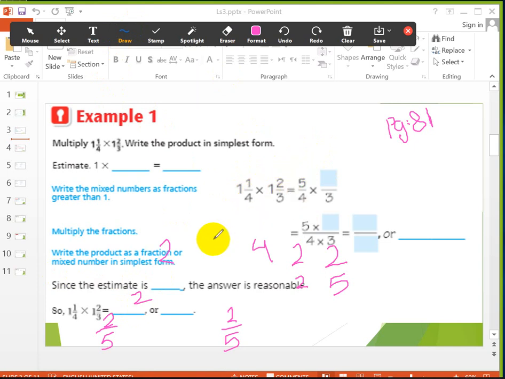So let's multiply the numbers. How will I multiply the numbers? First thing, you can estimate the answer. How will I estimate the answer?